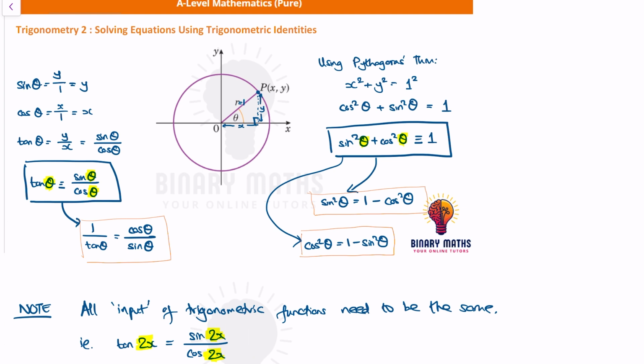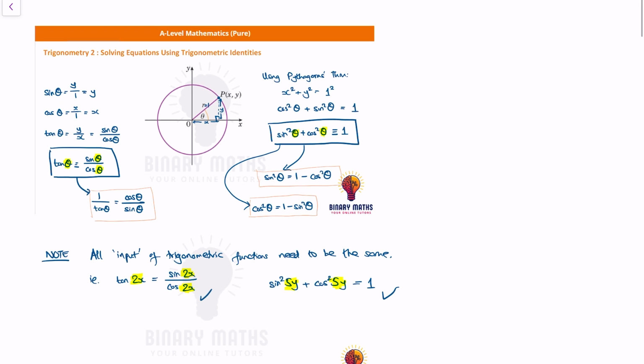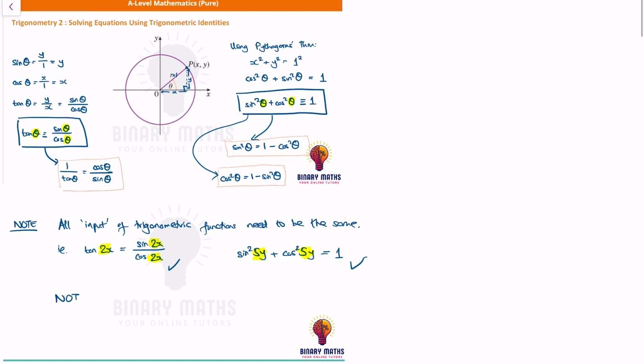In a similar way, in the second identity, if I have sine squared 5y, then it has to be plus cos squared 5y, the same input, is equal to 1. Again, because the theta has changed to 5y, the theta here has to change to 5y as well. So that works out.